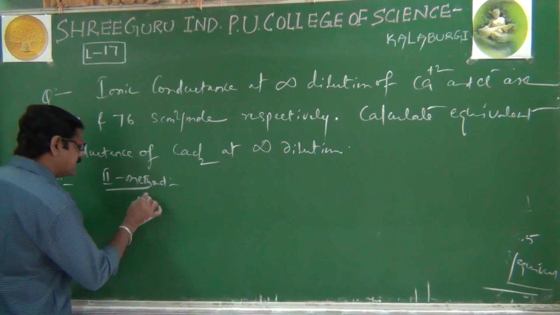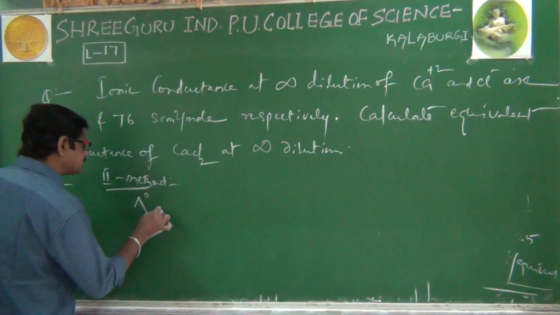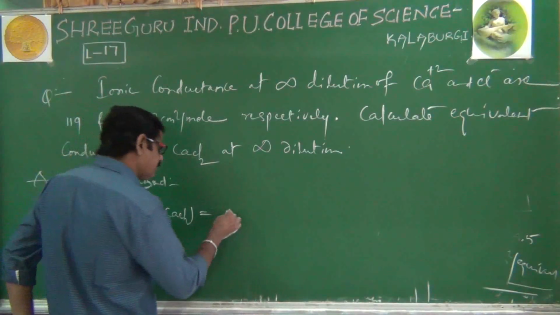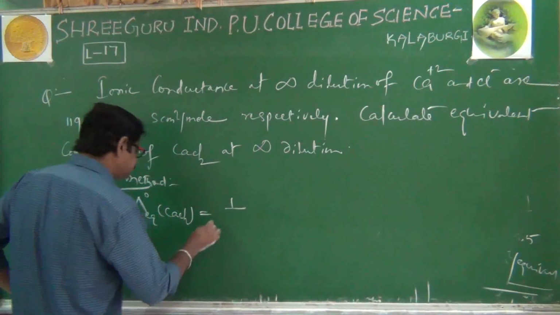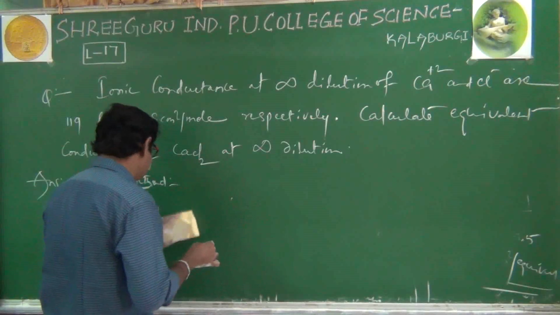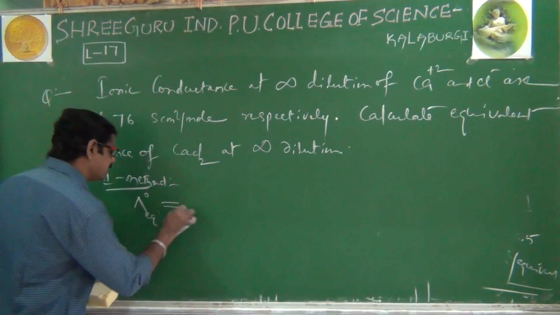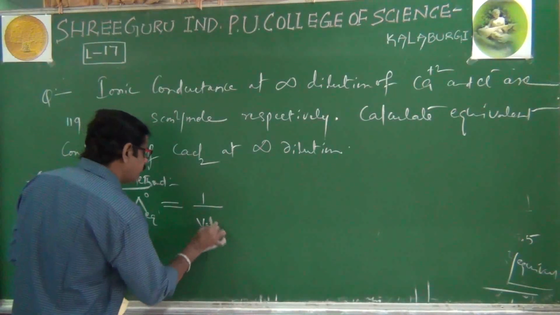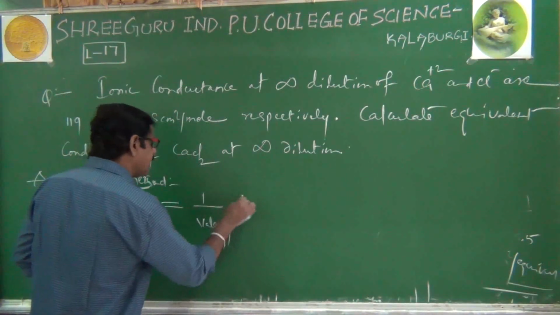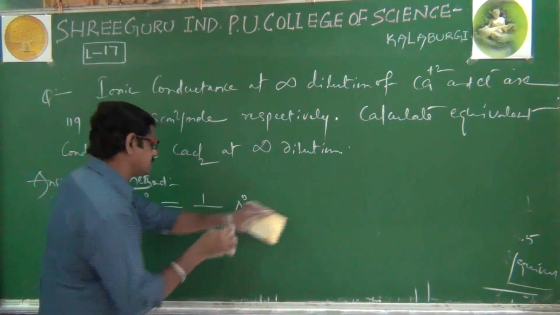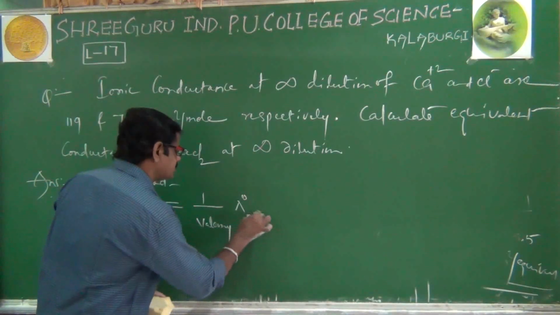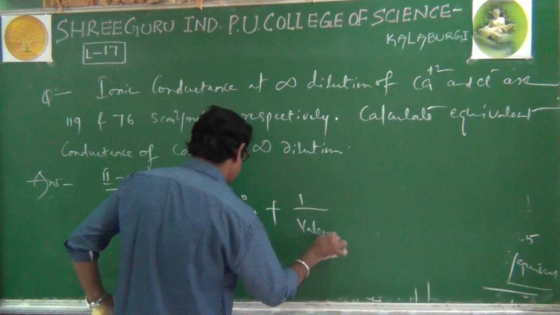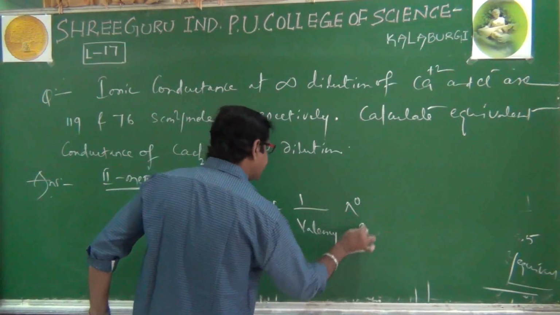Lambda naught equivalent conductance of calcium chloride, or any electrolyte, we'll write the formula first. Lambda naught equivalent conductance of any electrolyte is equal to 1 by valency of the cation times lambda naught of the cation plus 1 by valency of the anion times lambda naught of the anion.